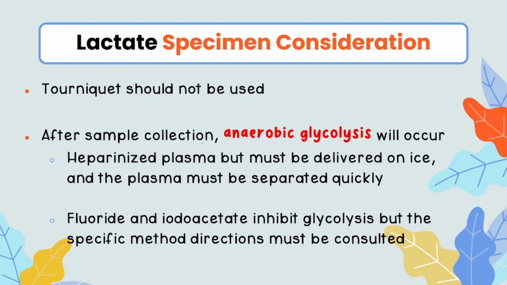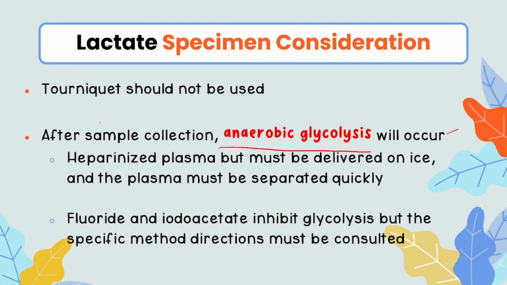So after sample collection, anaerobic glycolysis will occur, kids. Even if these blood samples are already outside our body, the processes inside that blood sample will still continue. That is what the earlier statement referred to: even after sample collection, glycolysis will still occur.